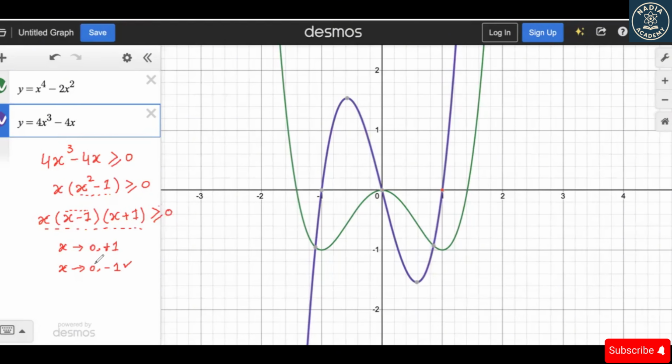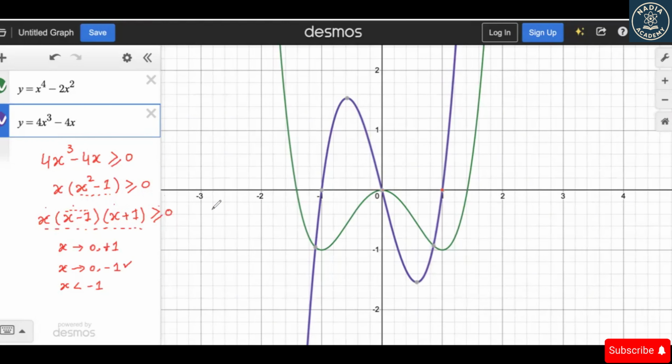Now, if, for example, x is smaller than negative 1, it means that it is moving towards negative 2, negative 3. So then, of course, this first factor is negative, second factor negative, third factor is also negative. So negative times negative is positive, positive times negative is negative. Then this inequality is not true.